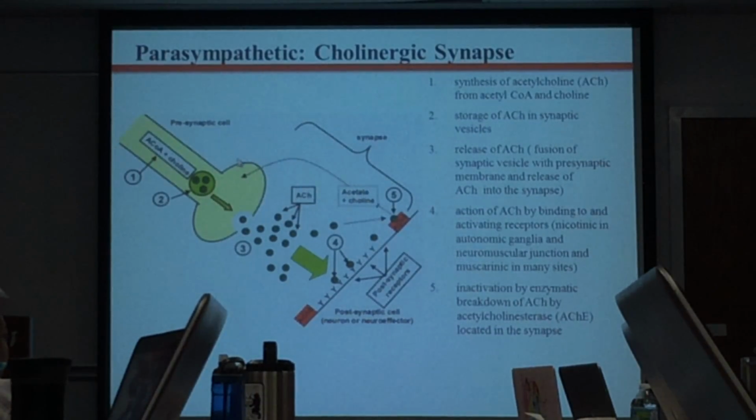So this is a reuptake process, which basically terminates the acetylcholine signal transduction. Binding to the receptor initiates the signal transduction, but once it is broken down and recycled back, it terminates the signal transduction. Also, this is the degradation pathway.